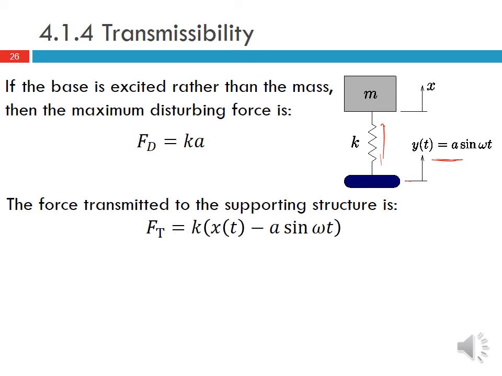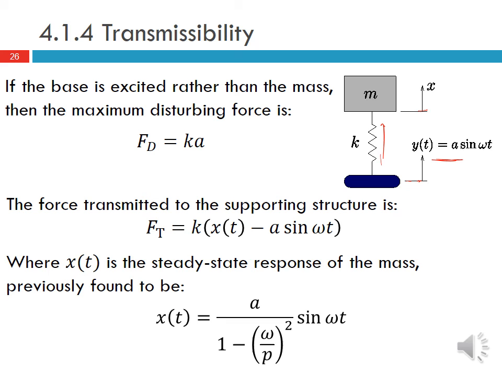And the force transmitted to the supporting structure is k times the difference between x and y, so x of t minus a sine omega t, where x is the steady state response of the mass that we previously found as this expression here.